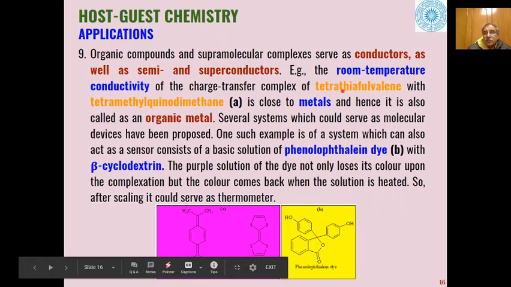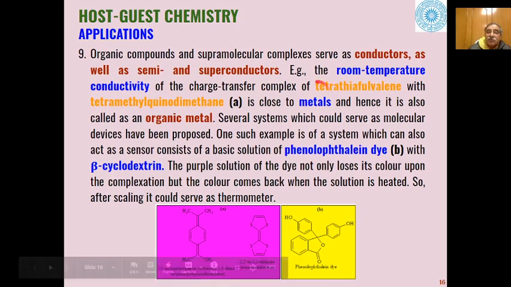So both tetrathiafulvalene and tetracyanoquinodimethane, the charge transfer complex of these two acts as an organic metal, and their conductivity is also close to metals. Similarly, there are several systems where these types of molecular devices have been proposed.